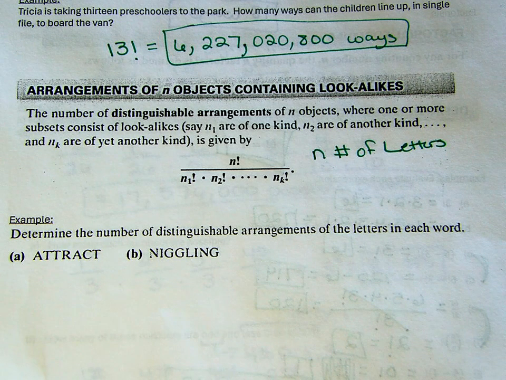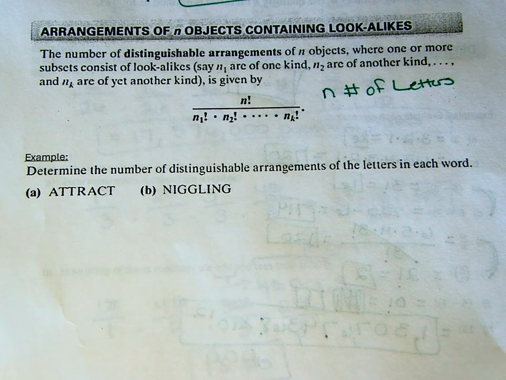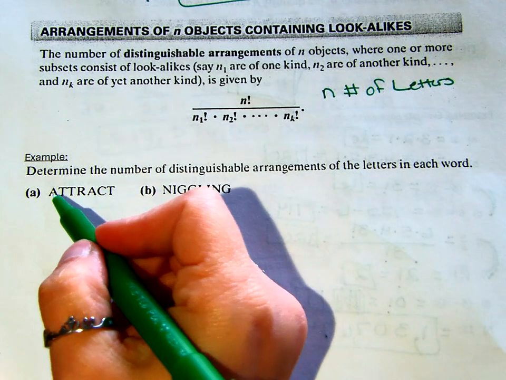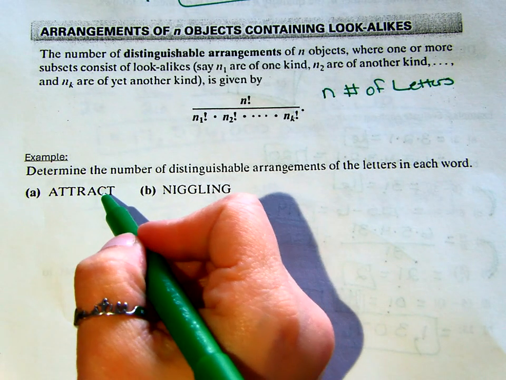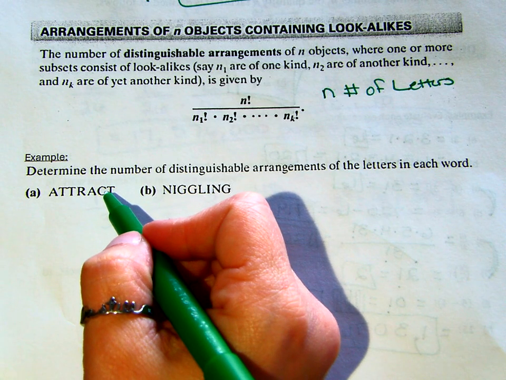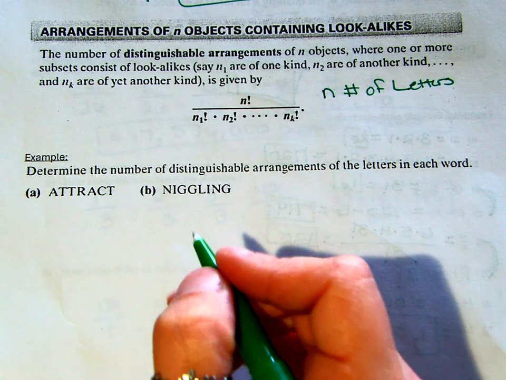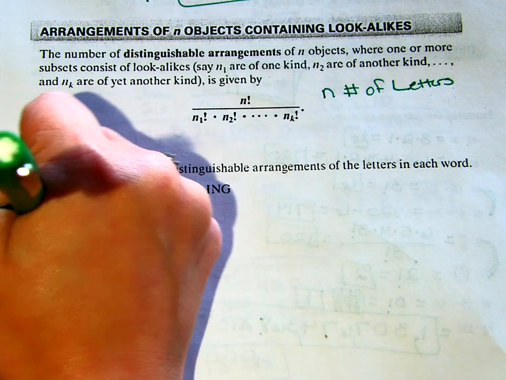So let's look at the word attract. Attract has A, T, R, and C. These are the different unique letters. T is in there 3 times, A is in there twice. But if we're looking at unique letters, we have A's, T's, R's, and C's. These are the unique ones.